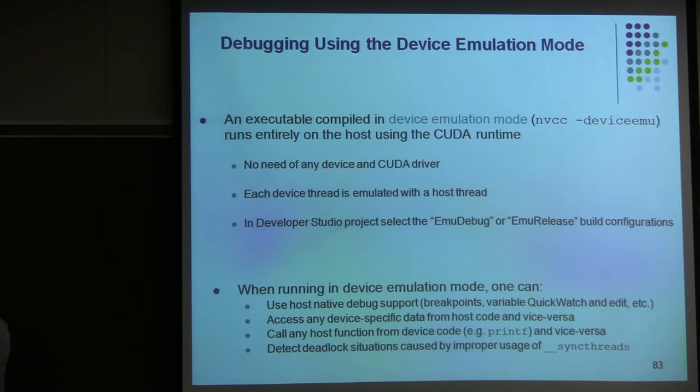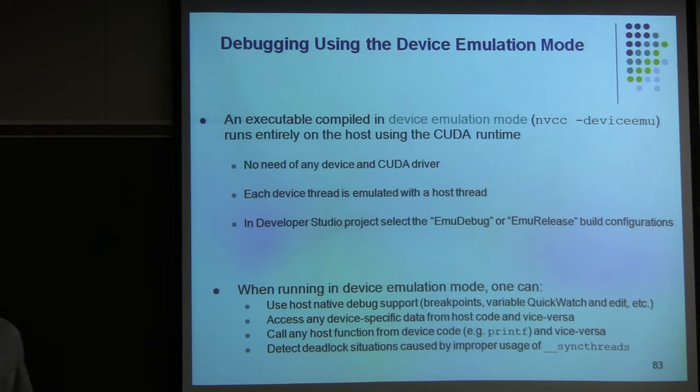If you want to debug, there are 2 ways you can go about it. One is called debug emulation mode. And what happens is it generates code that runs on the host, but it mimics the same thread block structure.